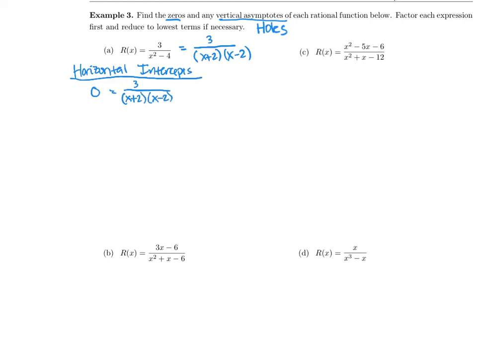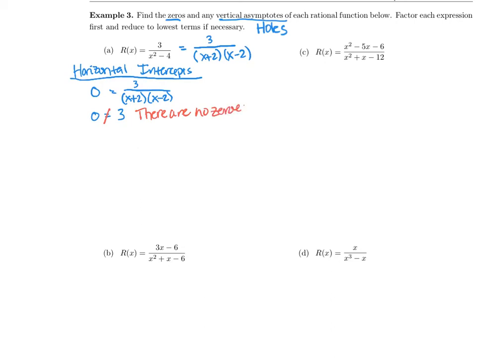Now I'm going to multiply both sides by the denominator, so x plus 2 times x minus 2. Well, 0 times anything is just 0. So we get 0 is equal to 3. But that's not how math works, right? 0 is just not the same as any other number. So these things are not actually equal to each other. So we can say there are no zeros.